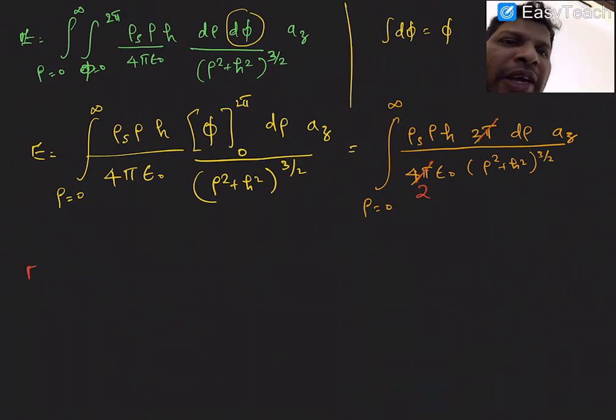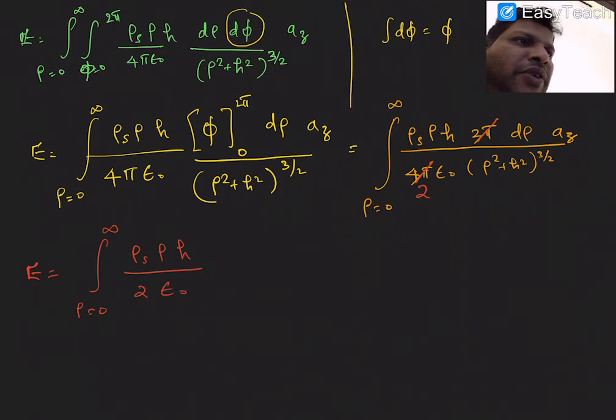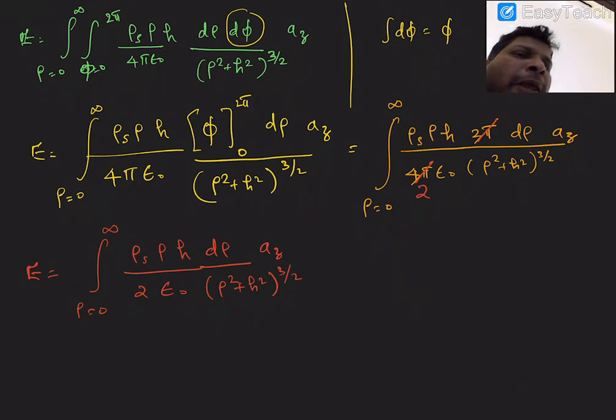Now we will get my electric field as integral rho equal to 0 to infinity rho s into h divided by 2 epsilon 0. Then you have d rho into Az divided by rho square plus h square whole power 3 by 2. Now you see here that there are variables like rho, d rho and also rho square.